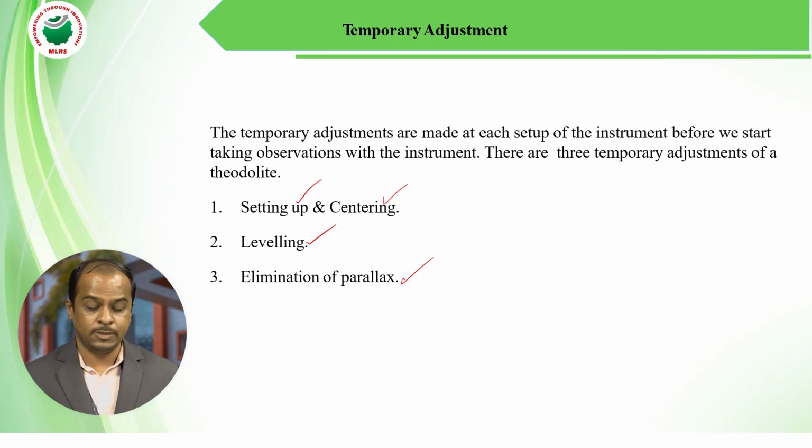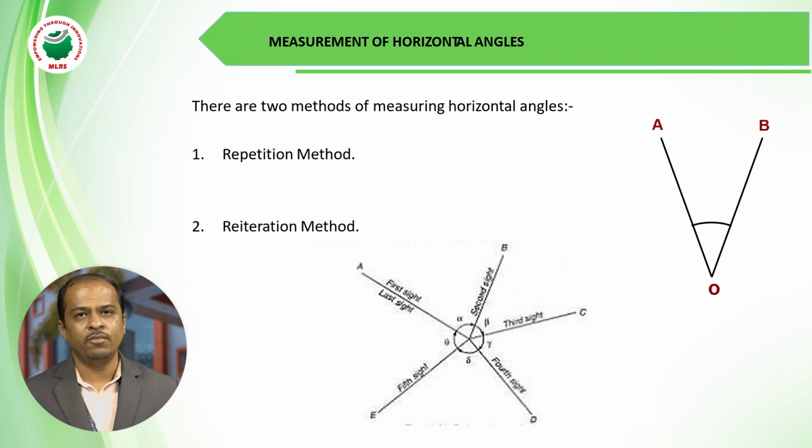Next, coming to the methods of horizontal angle measuring. We can measure the horizontal angle by two methods: repetition method and reiteration method. In the repetition method, we need to place the instrument over station O. We set the horizontal angle to 0 degrees and bisect A. After that, we tighten the lower clamp and loosen the upper clamp.